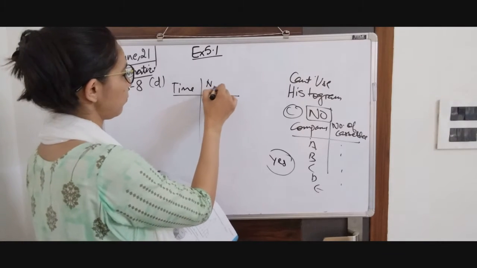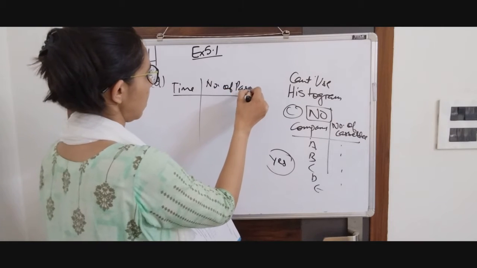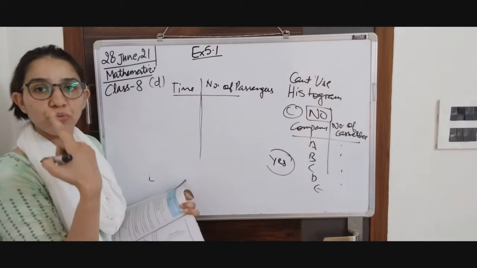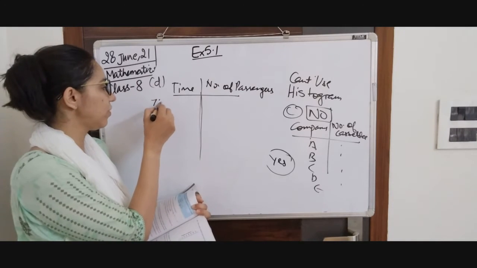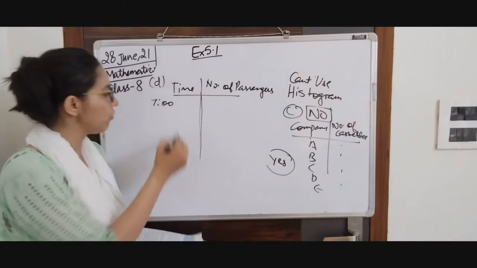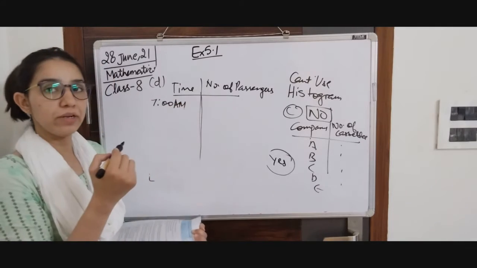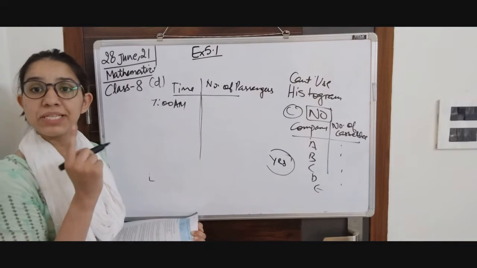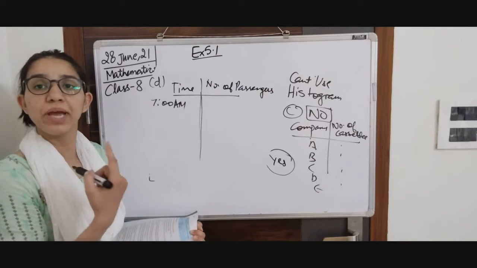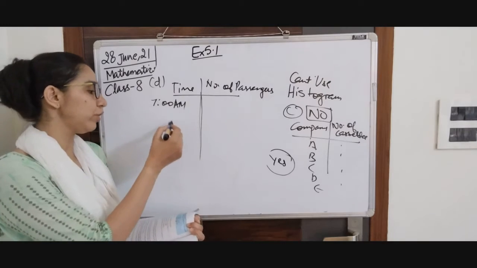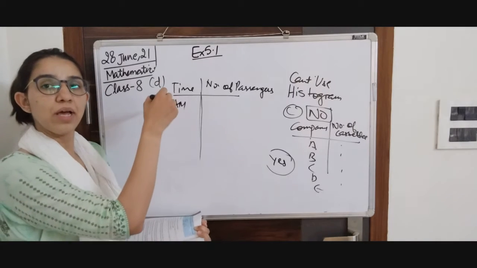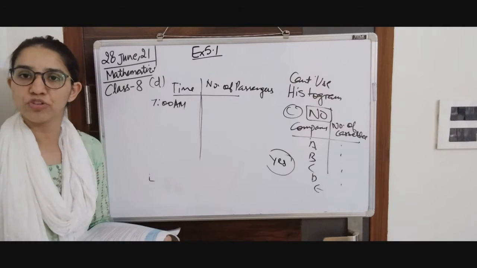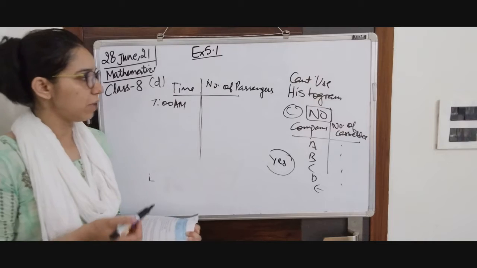Then we have number of passengers, and time is 7 a.m. morning to evening 7 p.m. If we write, some people are boarding at 7 a.m., some people are boarding at 7:15, some people 7:30, some 7:45, some maybe at 7:40 also. So if we are going to represent data by every minute, there is going to be a long list, and that would be unmanageable, and it won't be represented using any bar graph.